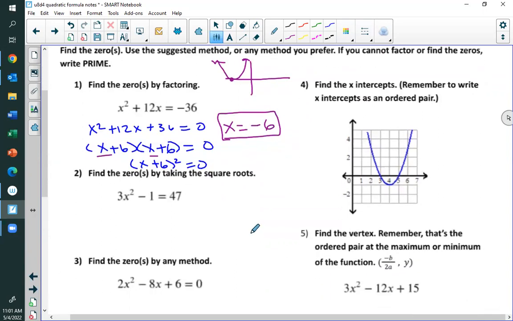Set your whole equation equal to 0 if it's not already. Oh, not true. Number 2, I would isolate x squared, if you're doing this by the square root version.